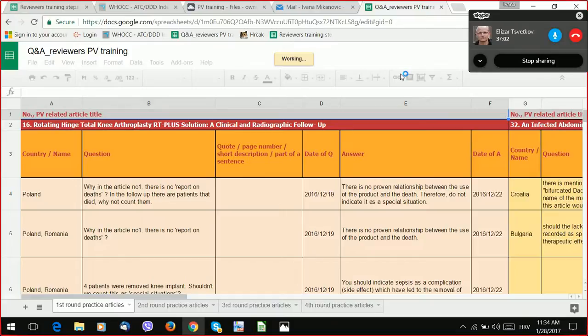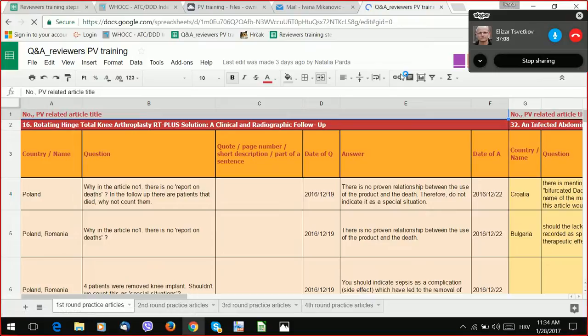And during the practice, so during categorizing practice articles, you may ask questions, whatever questions come up, and you may write down your questions in this table, filling in your country or your own name, what feels more comfortable for you, your question, a short description or a quote and a page number related to your question, and the date when you asked the question.